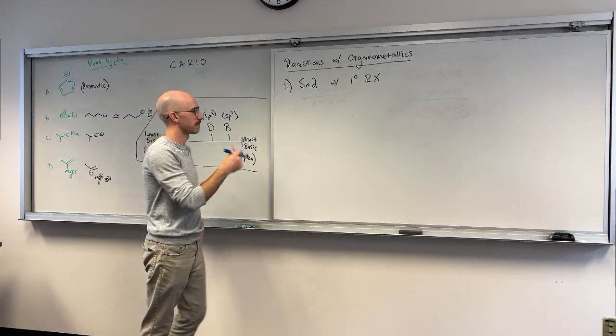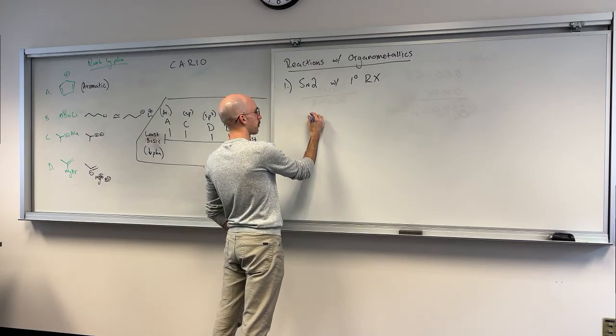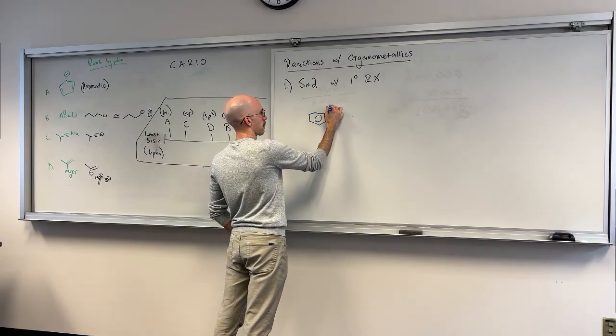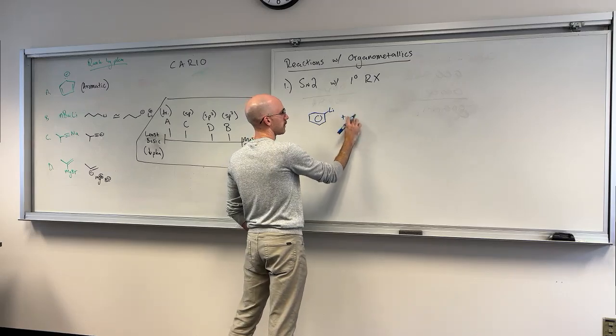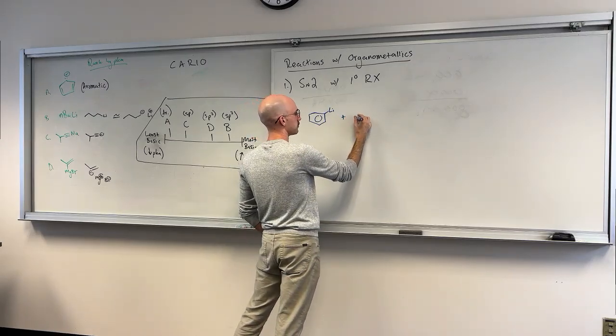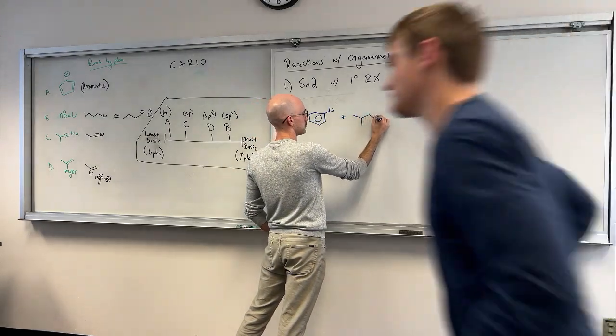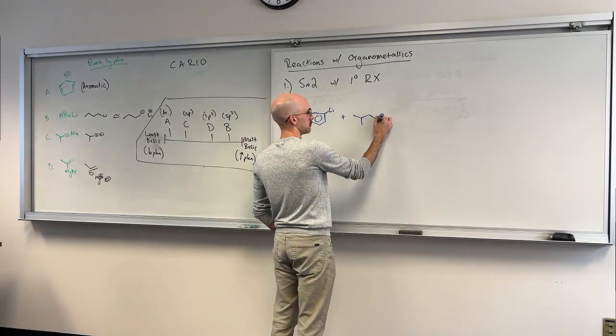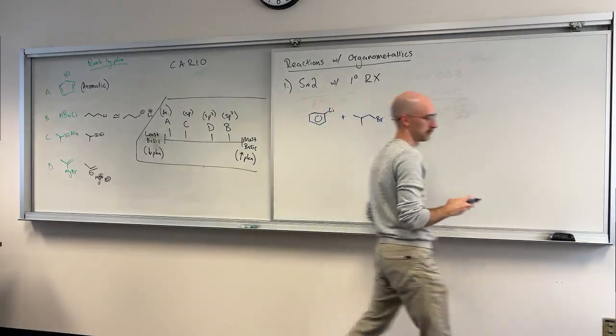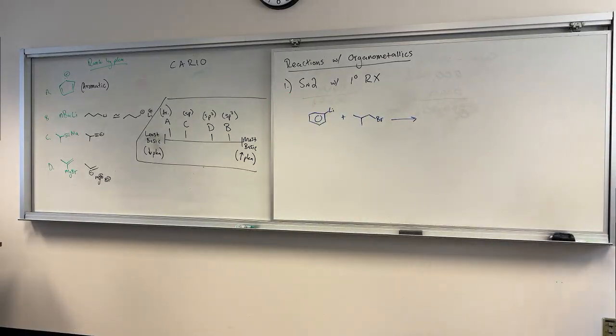So let's see if you can predict the product from this reaction. Phenyllithium plus isobutyl bromide.